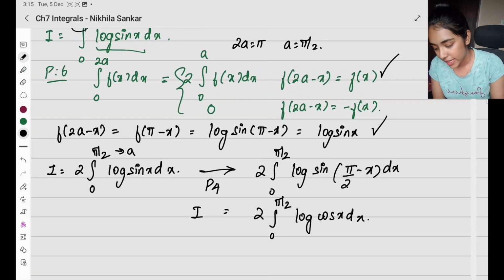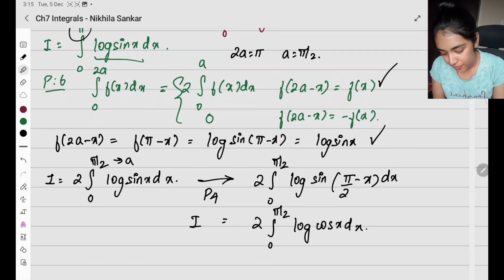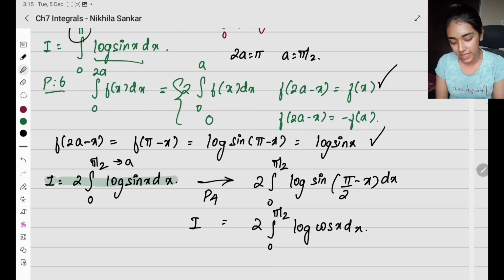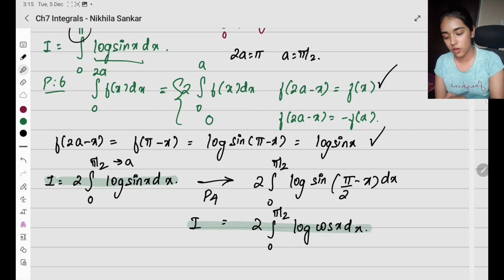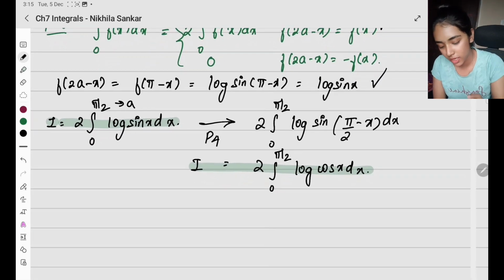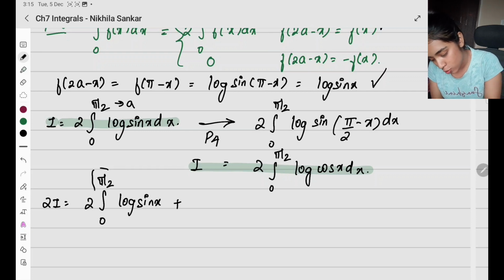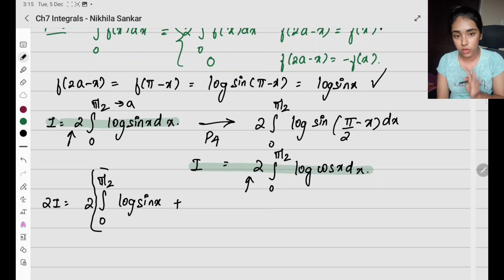So from here I can add these two. Add which two? I have I equals 2 times integral log sin x dx and I again equals 2 times integral log cos x. So sin and cos, can we add? So I can add 2I equals 2 integral 0 to pi by 2 log sin x plus log cos x. The 2 and the 2 are common for both the terms.